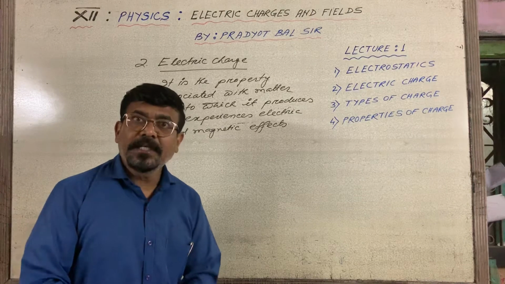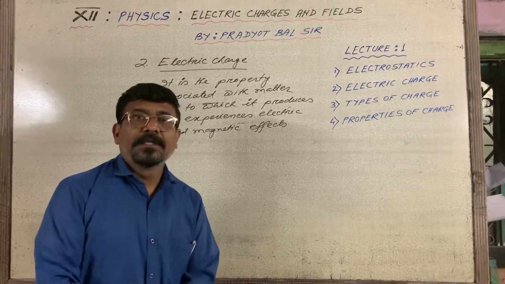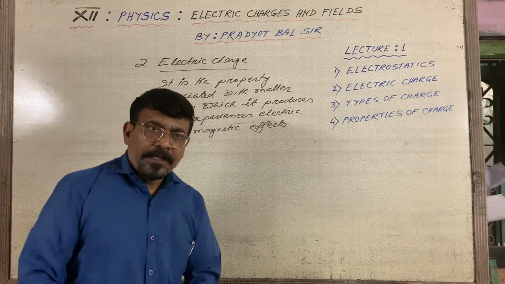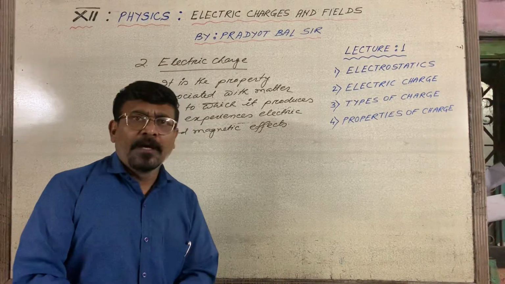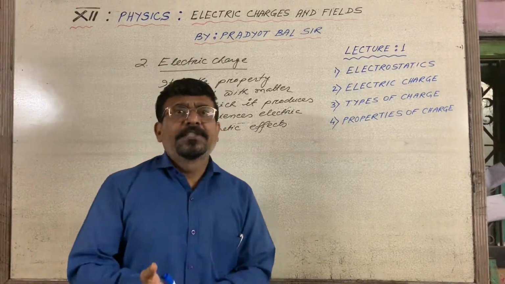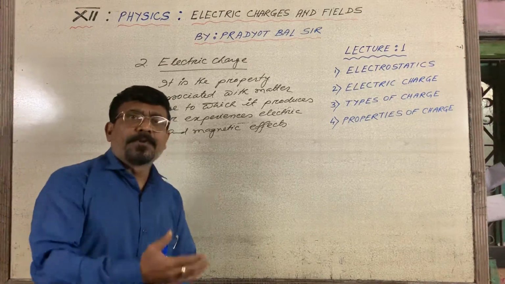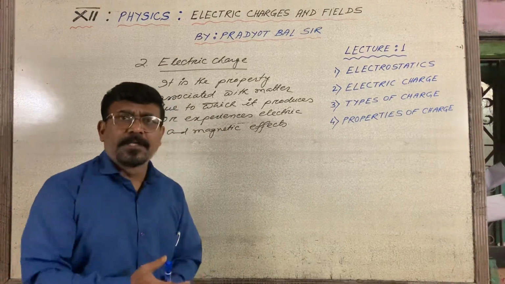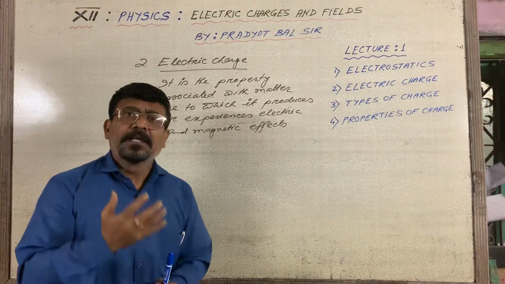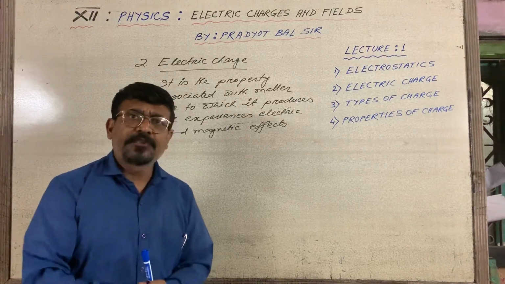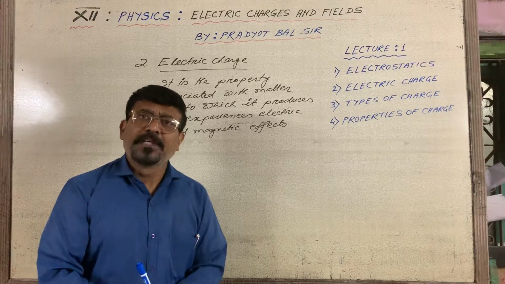But I am sure the point is not clear to you. In a very simple way, we can understand that charge is nothing but the property of a matter that reveals whether that matter is having deficit of electrons or excess of electrons.